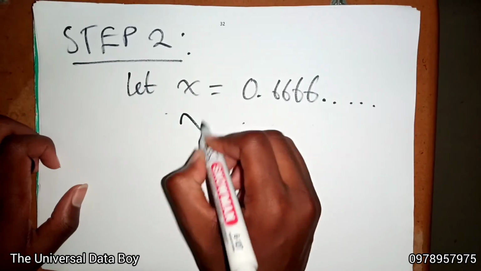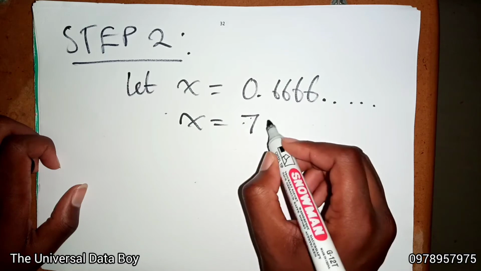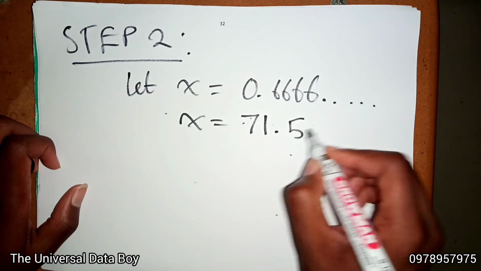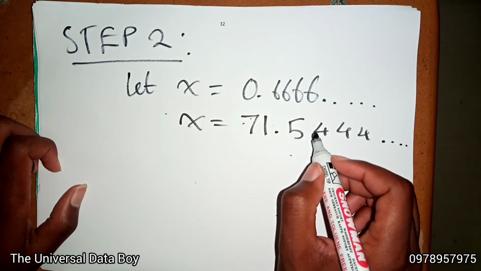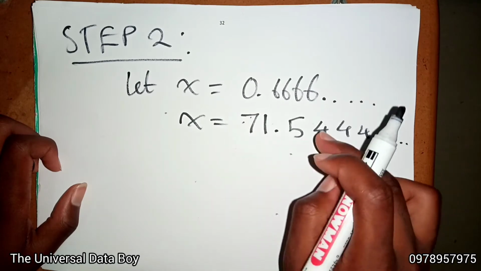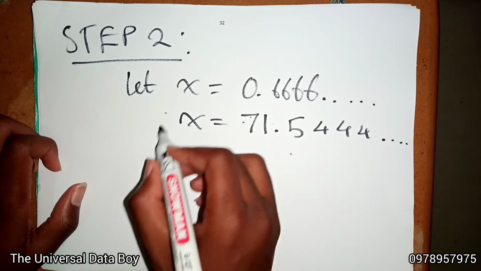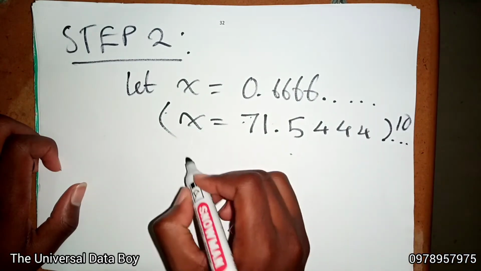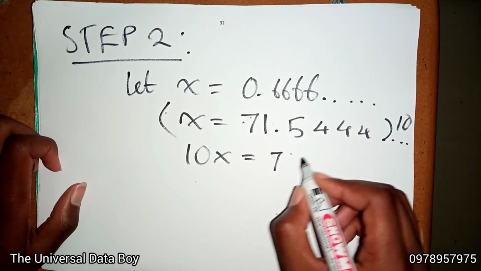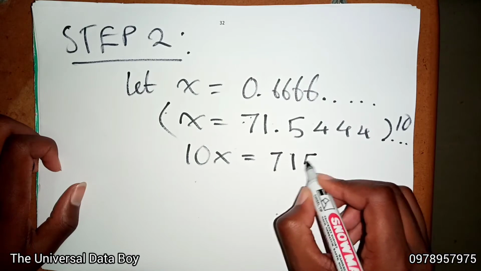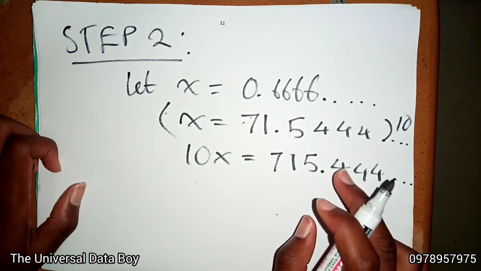But for situations where I've got x being equal to, let's say, 71.5444 repeating, the 4 is the one that's repeating, so I'm going to multiply this by a certain factor so that the decimal is right before the repeating. How can we do this? We can multiply both sides by 10. Then we're going to have 10x being equal to 715.444. Now our repeating digits are just right after the decimal.